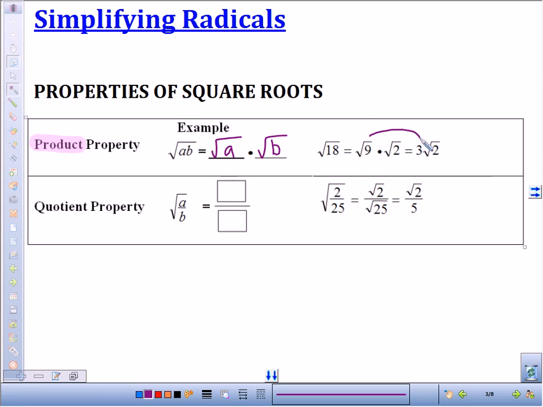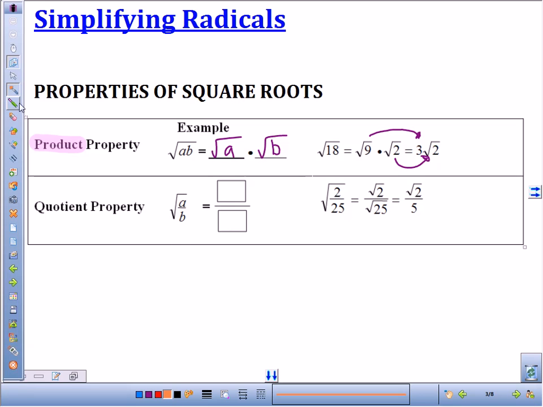So the square root of 9 just becomes 3. The square root of 2 isn't a perfect square, so I can't remove it, and it stays the square root of 2. So the square root of 18 splits apart into the square root of 9 times the square root of 2. The square root of 9 becomes 3, and square root of 2 stays the square root of 2.